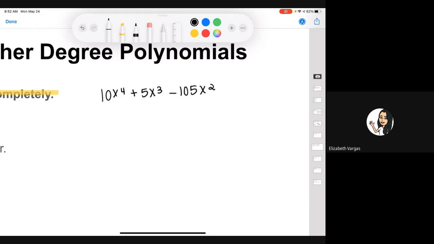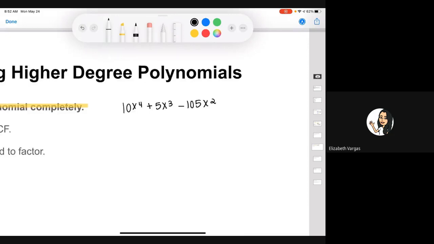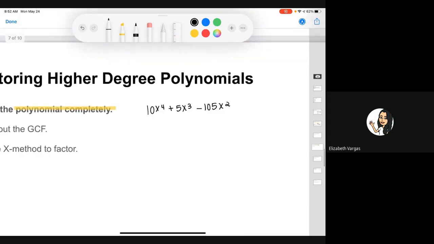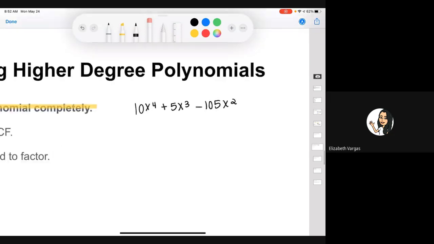Right here. Okay. So first thing I wanted to see, do I have a greatest common factor? That's normally going to be your first step. It's probably the easiest step. See if you have a greatest common factor that easily comes out of this. And so here I do. I can take out 5x squared. I can divide this by 5x squared and see what I get out.